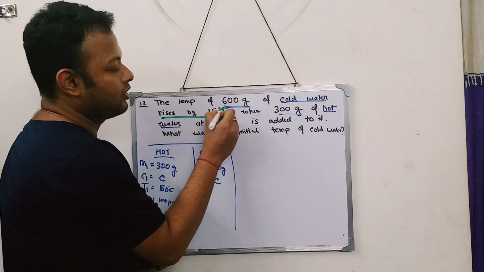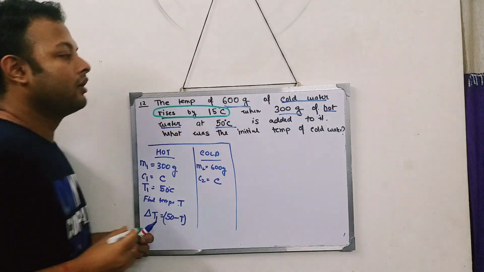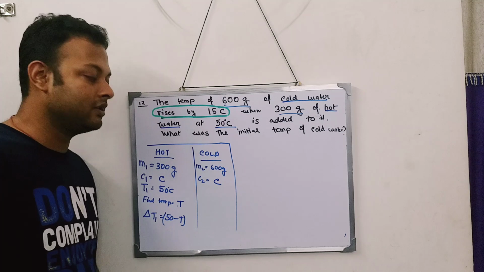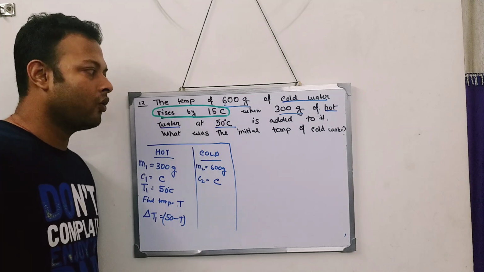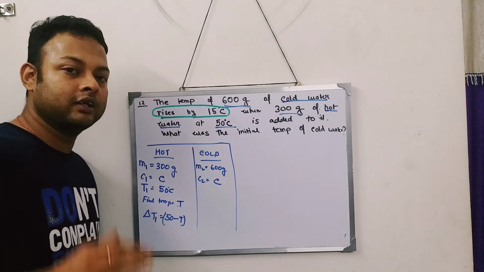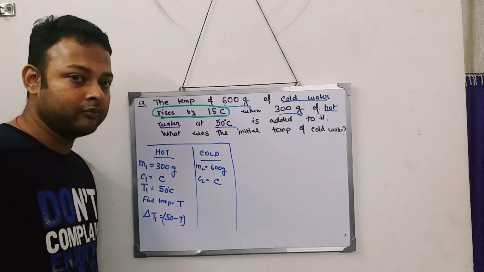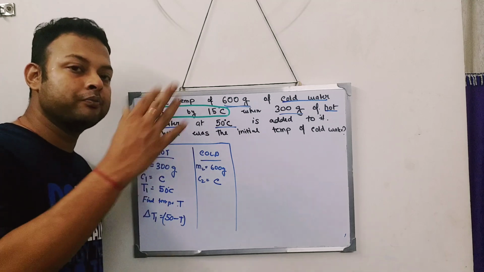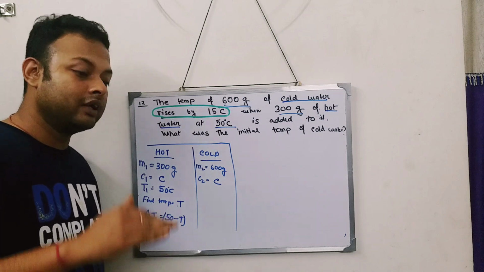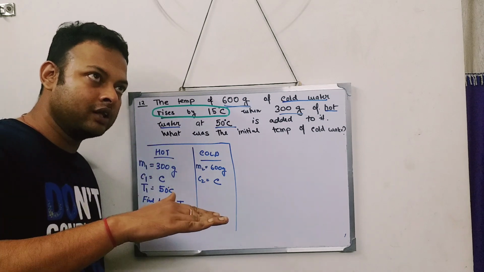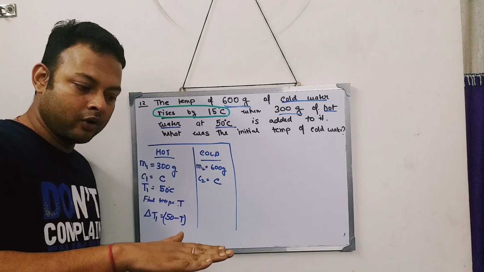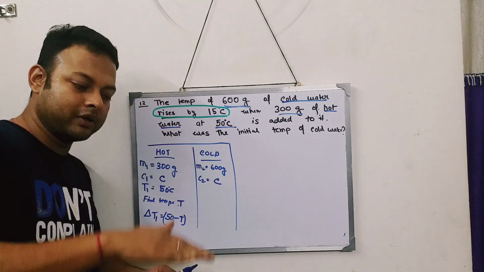You have to understand this thing: it rises by 15 degree. That means what? Are they mentioning that the initial temperature is 15? No. Are they mentioning that the final temperature is 15? No. They are saying that from the initial to the final, the cold body is at a lower temperature, and when the hot body mixes, the temperature will rise.